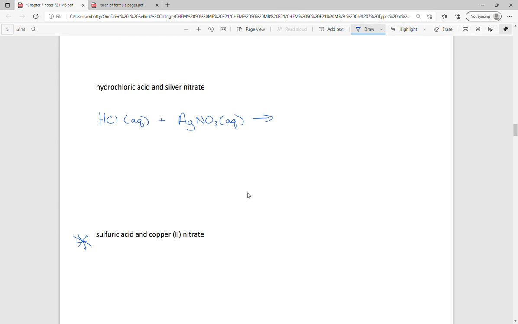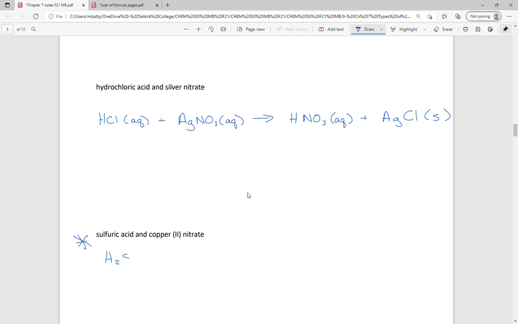The double displacement is the pattern that I'm using, so H, nitric acid, and silver chloride. If I look these up on the solubilities chart, that's the next step, I would find that my nitric acid is aqueous and my silver chloride is my precipitate, or is solid.